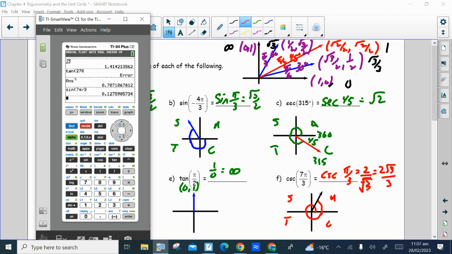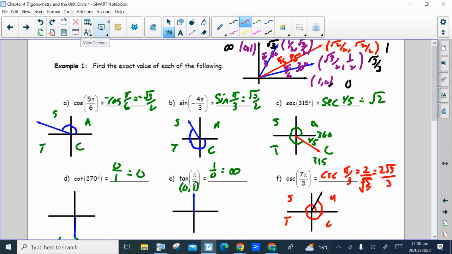That's better. It's that decimal, and then we take the reciprocal of it. So that would be the answer of the cosecant of 7 pi on 3, the reciprocal of the sine, but that's an irrational number. But we can check the answer we got, which was 2 root 3 all over 3. Should be the same decimal, and it is. So we know that our answer is correct.